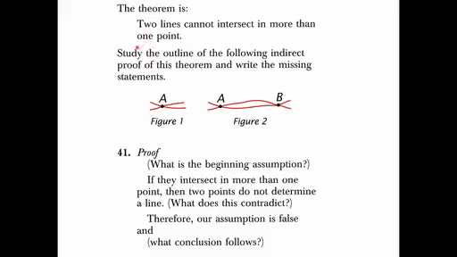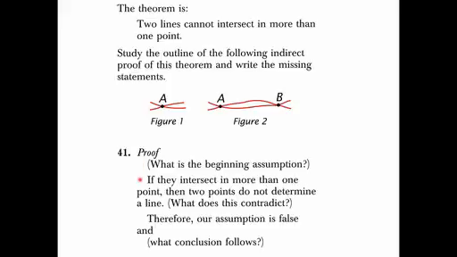Apparently it's been proven. Study the outline of the following indirect proof of the theorem, and write the missing statements. Well, if we're trying to prove that 2 lines cannot intersect in more than 1 point, how do we need to start our indirect proof down here? If you're drawing a blank, you can look ahead to the next one.